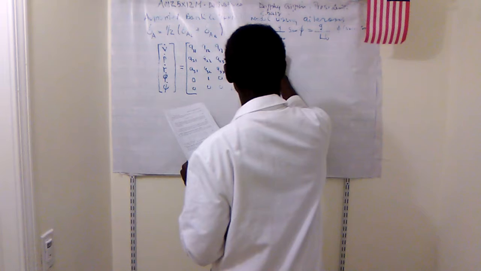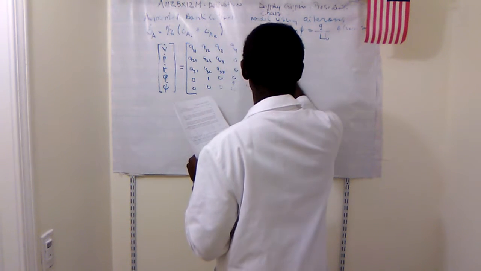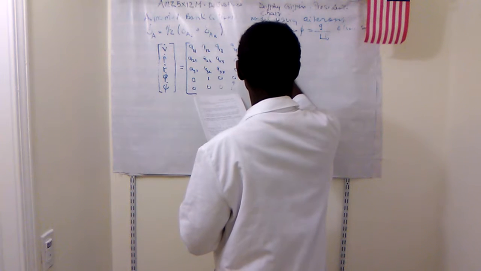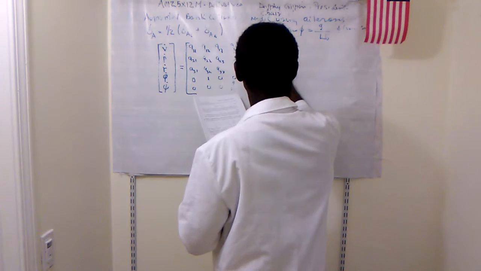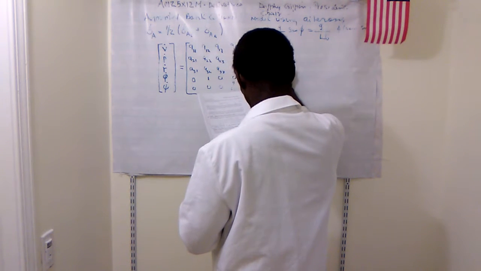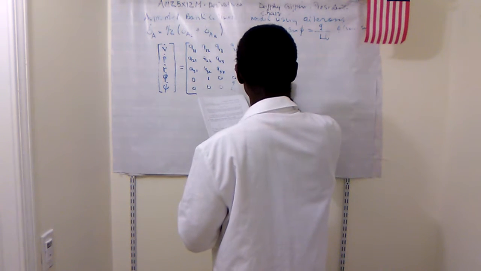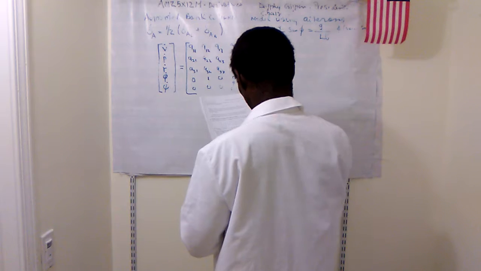And so we're going to multiply this now by this 5x1 matrix here: V, P, R, psi, and phi.